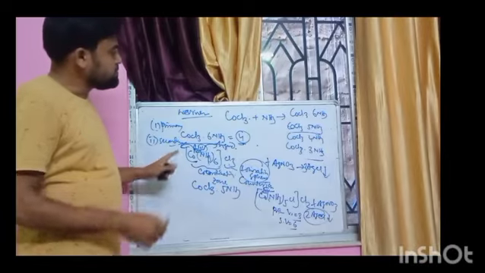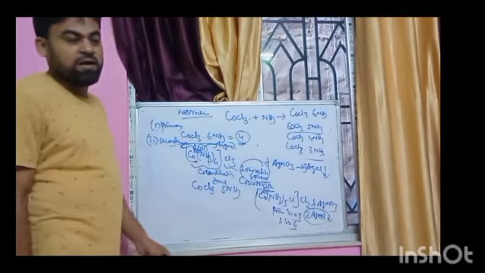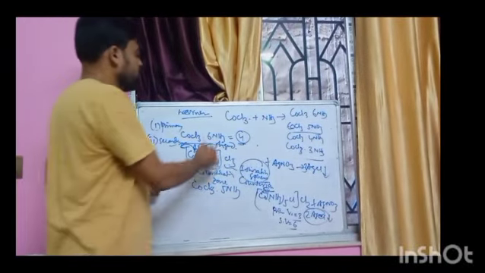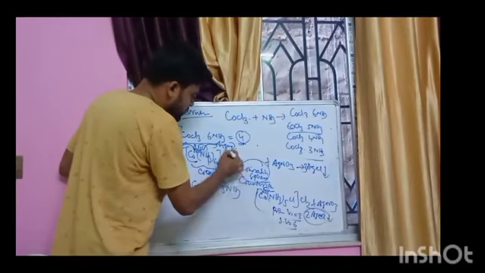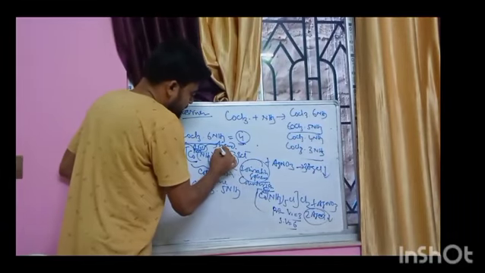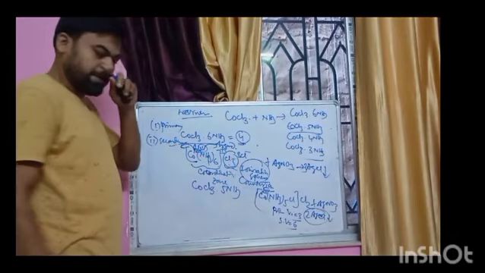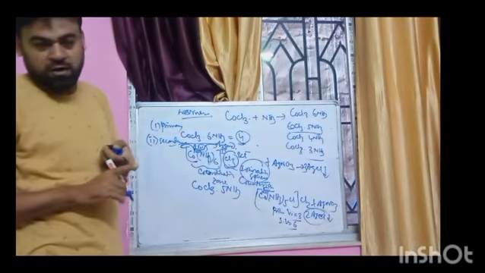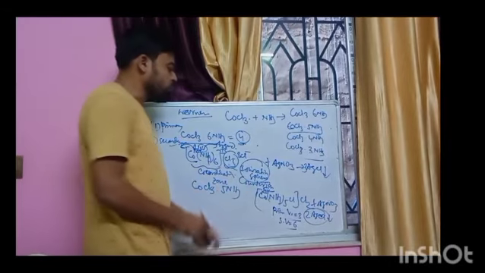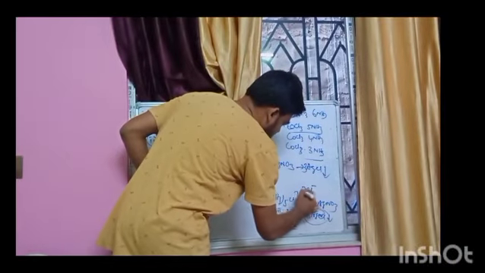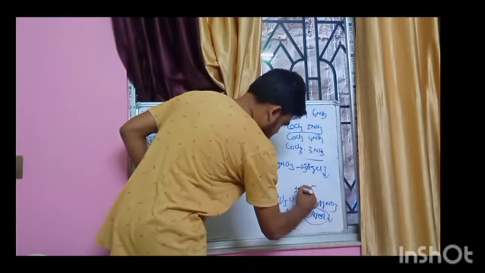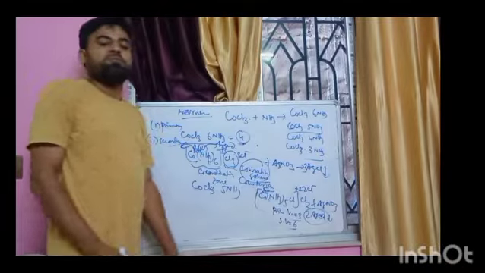In the first complex, the total number of ions is 4: 3 Cl minus and 1 positively charged cationic species. But here the total number of ions is 2 Cl minus and 1 cationic species, so the total number of ions is 3.